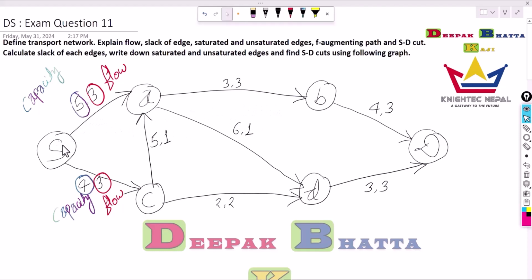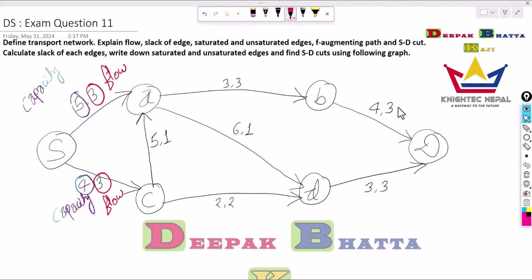S to A, we have 5 and 3: 3 is the flow and 5 is the capacity, so 5 is greater than 3. Likewise S to C, we have 4 and 3: 4 is a capacity and 3 is a flow, so 4 is greater than 3. Likewise C to A, 5 is greater than 1, A to D, 6 is greater than 1, and B to D, 4 is greater than 3.